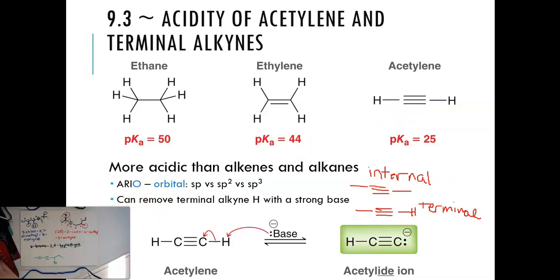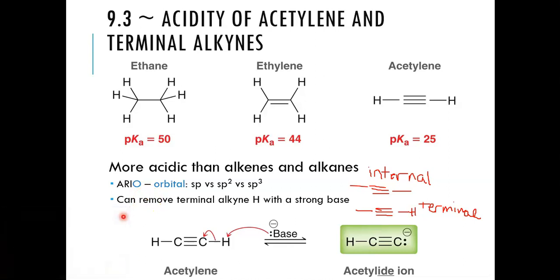And what the orbital tells us is that we are looking at sp versus sp2 versus sp3 atoms for these 3 different structures. And our ethyne has that sp hybridization, which means it has more S character. It's a 50-50 mix.